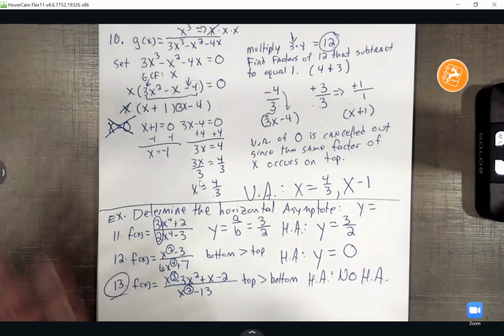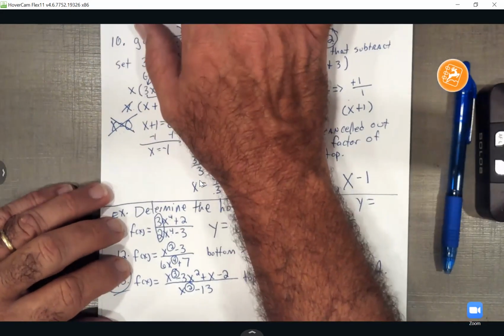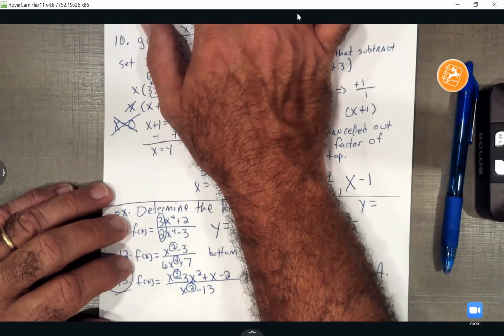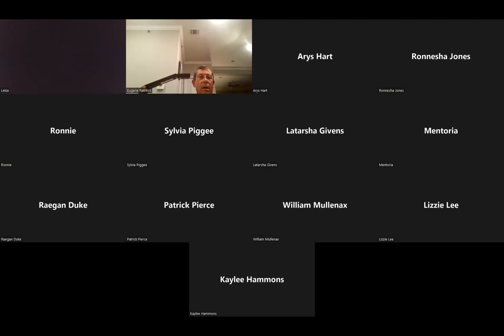Any questions over this? Where did 8.5 start, if I have that correct? 8.5 started, when I started it, so let me show you where I started it at.